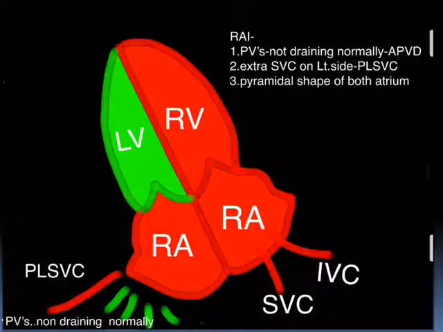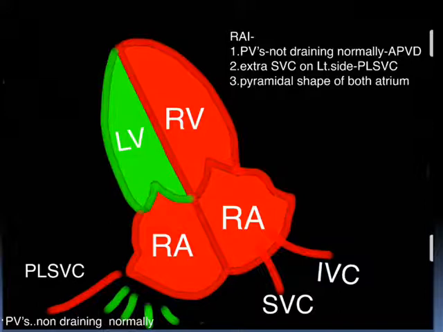As there is dominance of the right atrium in right atrial isomerism, there is an extra superior vena cava on the left side. So, there are two SVCs. As the left atrium is replaced by right atrium, and as the right atrium is pyramid in shape, the replaced left atrium is also pyramid in shape.